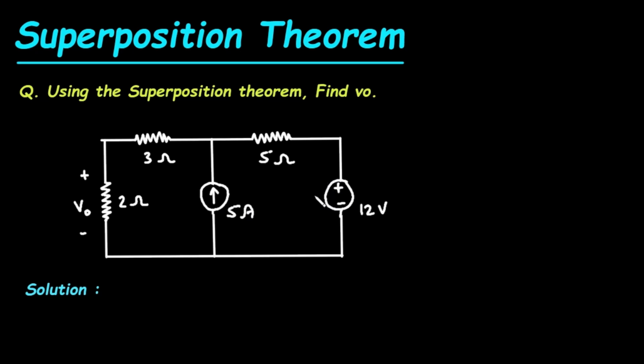When we turn off a voltage source, we have to replace it by a short circuit. And when we turn off current sources, we have to replace them by an open circuit. Then add algebraically the contributions from all sources to find the total response.